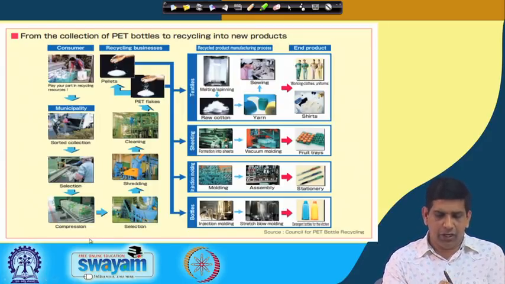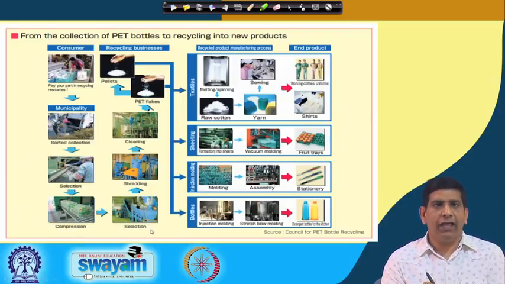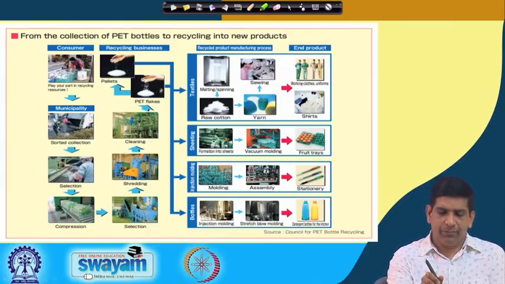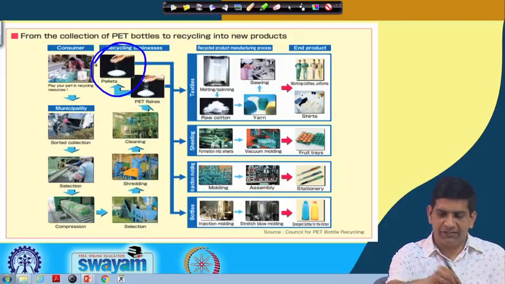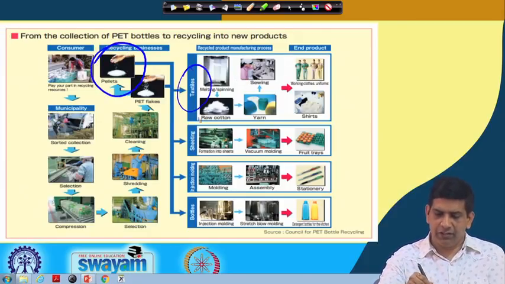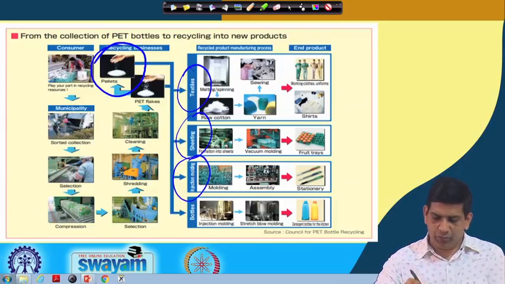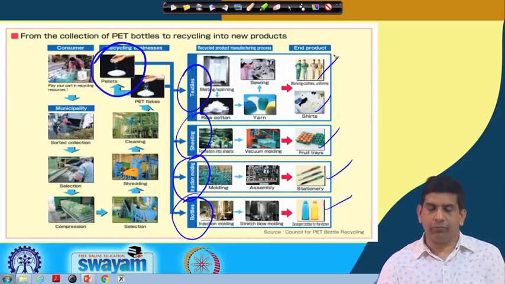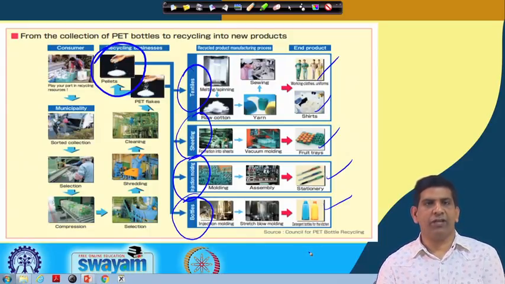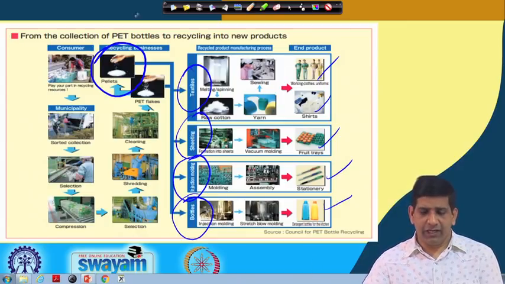This baled material goes into a plastic recycling plant, the kind of layout you just saw in the previous slide, where it is shredded and cleaned into PET flakes, and then pellets which can be used for different applications. The applications have been listed here. You can use it for textile, sheeting, injection molding, and you can make bottles out of it. As you can see, different products can be made out of recycled plastic, and it is already happening. It's in place, and it has been happening.